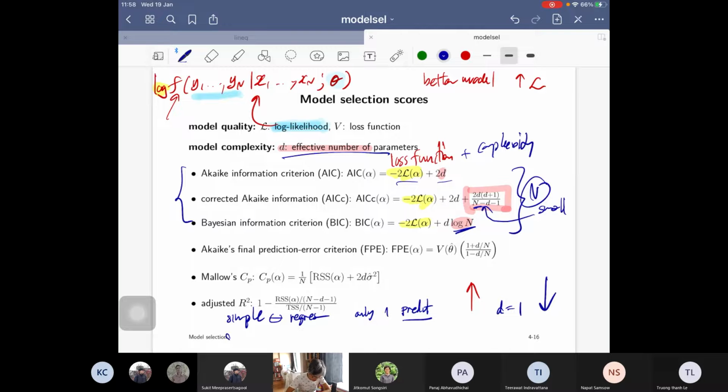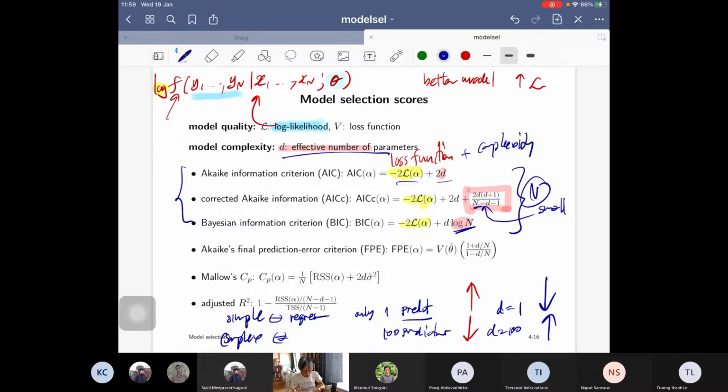A complex linear regression model, suppose you have 100 predictors, on the other hand, will have a lower loss function, but D is 100. So the complexity term will be bigger.